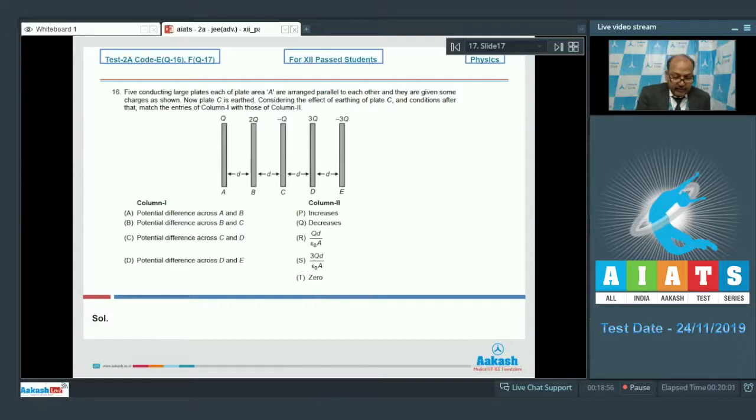let's draw this 5 plates. So we have these 5 plates now.